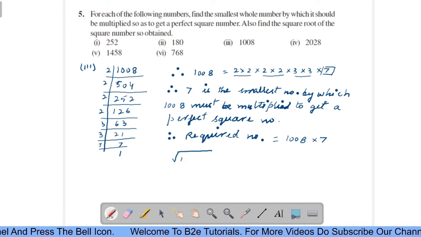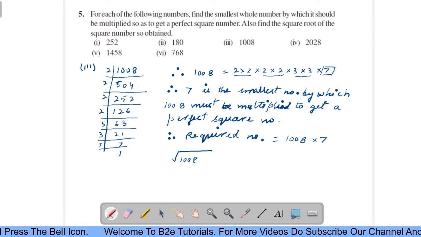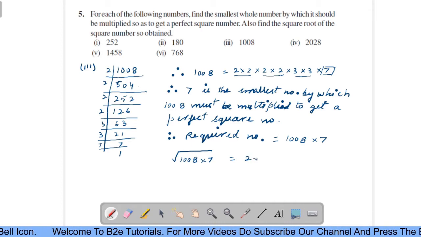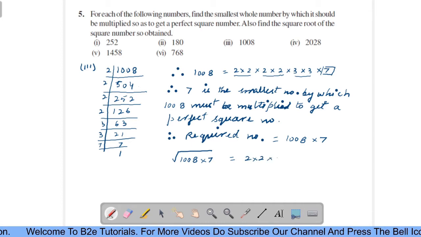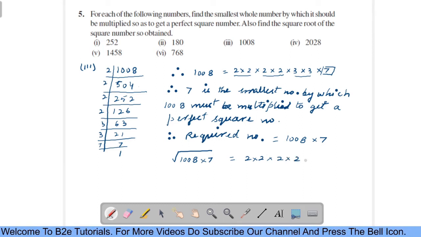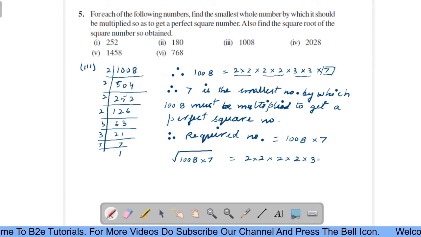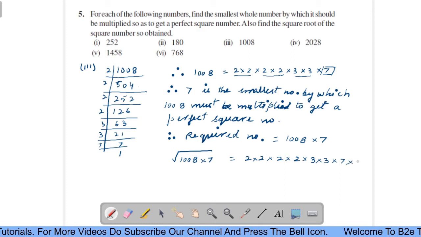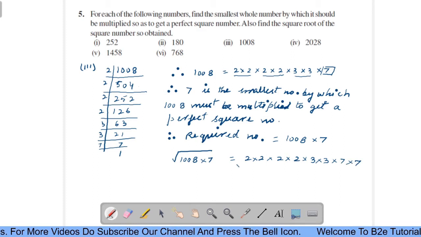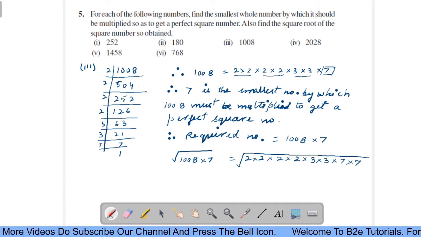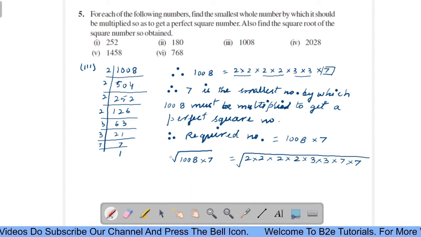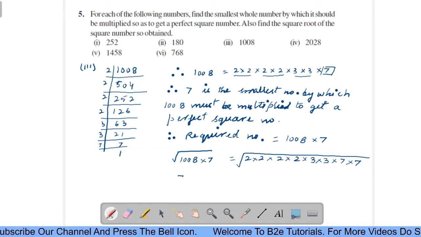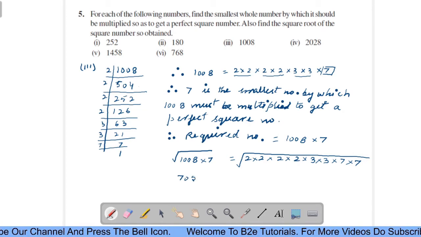Let us find out the square root of this number. Square root of 1008 into 7 can be written as 2 into 2 into 2 into 2 into 3 into 3 into 7 into 7 within the square root. Here multiply 1008 by 7, it will be 7056.